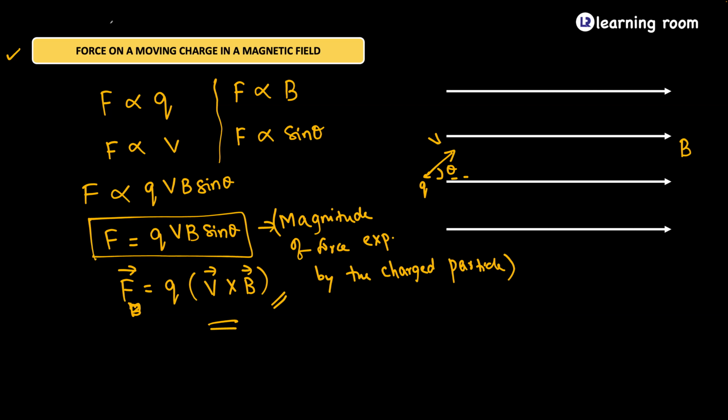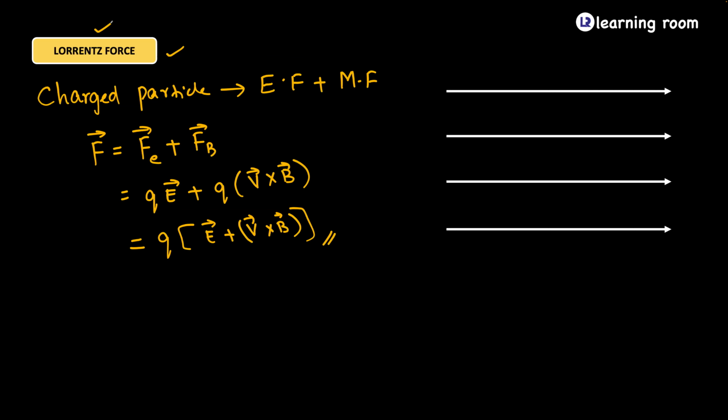Remember, the Lorentz force mainly speaks about the combined force, but mostly we don't take the electric field into consideration because in this chapter we are concerned more about how the magnetic field affects the charged particle. So we will take only Q into V vector cross B vector. That is why in all the derivations going forward, we'll be using only Q into V vector cross B vector, which we call the Lorentz force for magnetism. So have that registered in your mind. Okay.